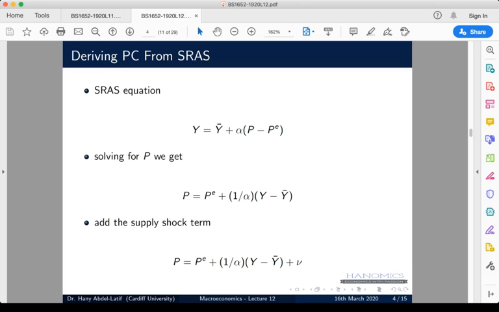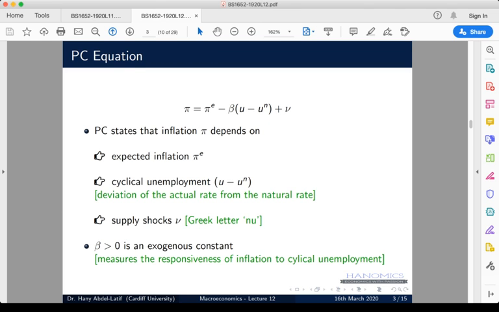Since we now understand this relationship, we need to consider supply shocks. So what we're going to do here is add a supply shock term to this equation, because this relationship is not an exact relationship.